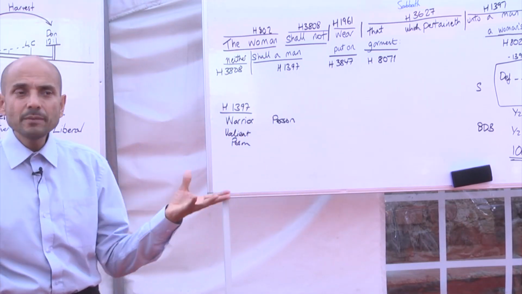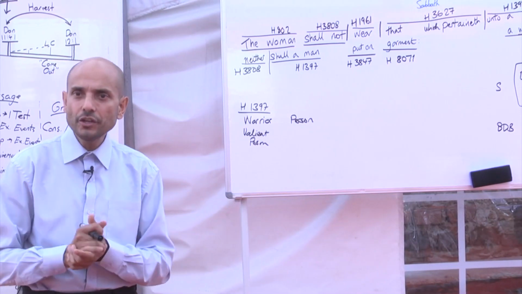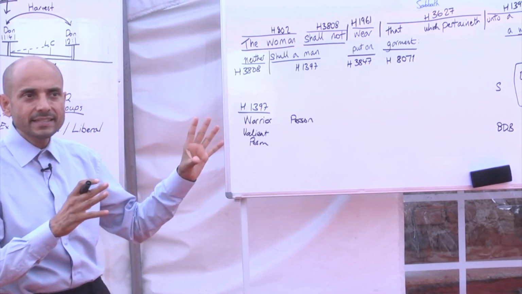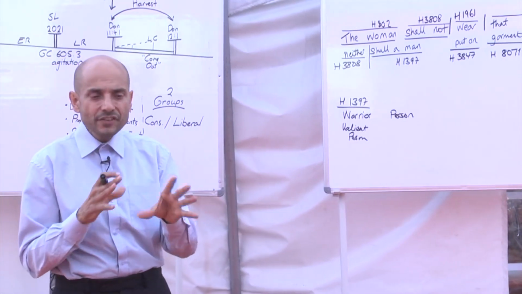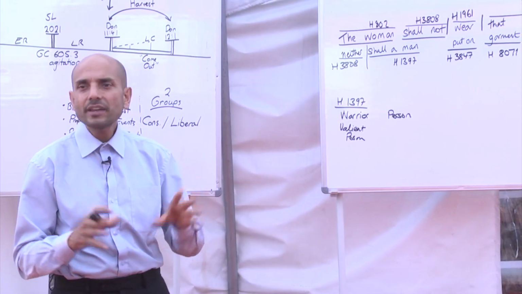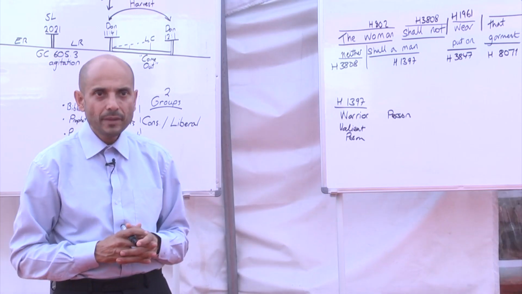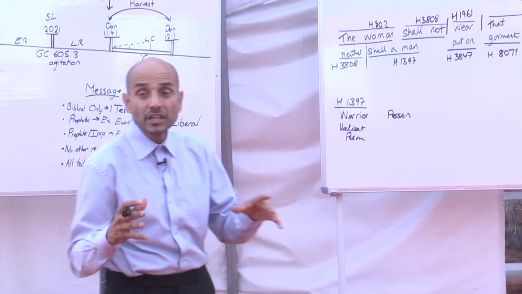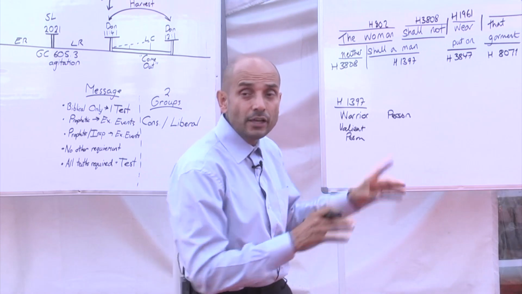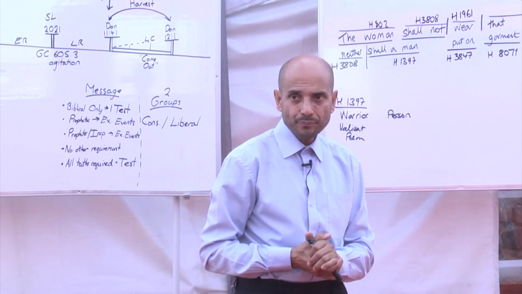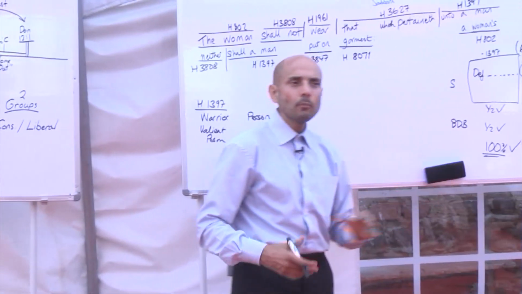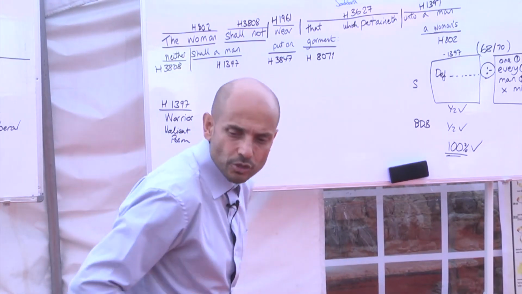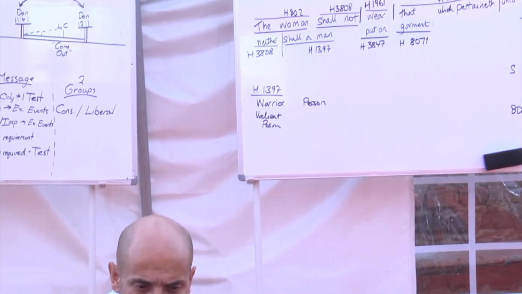It's a layman's cut down version of a complicated book. So he knows everything about this word, but he's not going to tell you everything about the word. I'm just telling you that as a fact. It's true. He knows more than he's telling you. Brown Driver Briggs, these people, they'll give you a bit more help. So let's go to Brown Driver Briggs. They're going to give us a little bit more help.